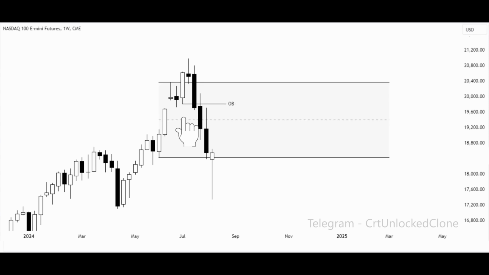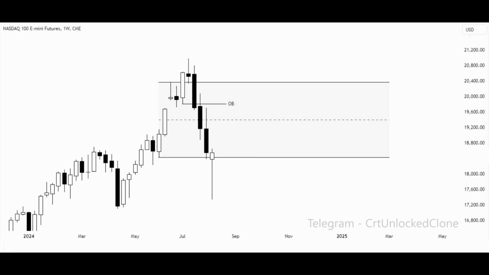Now you're gonna use this CRT and this candle as an order block for NQ to push price even lower towards the monthly CRT, because this particular candle purged liquidity and then price closed below it, so it becomes a valid order block. First of all, we had the CRT, then price closed below it to form this key level in the form of this order block, and then price tested that order block in key level and pushed lower towards the higher time frame down liquidity, which is the monthly CRT low.